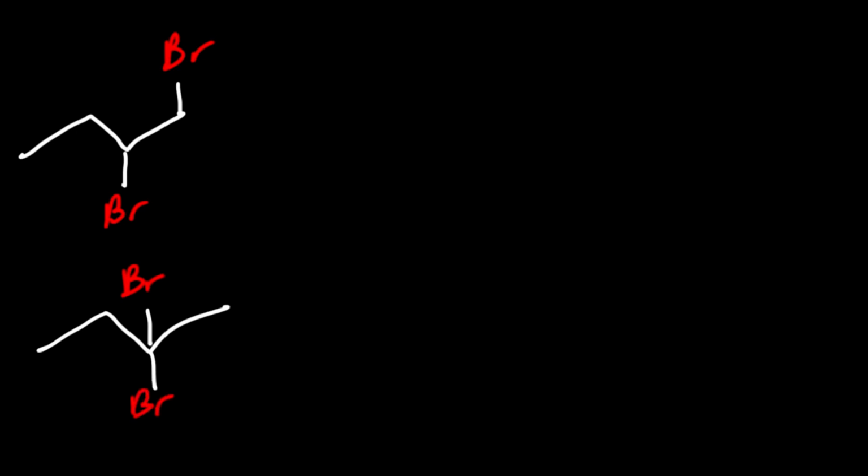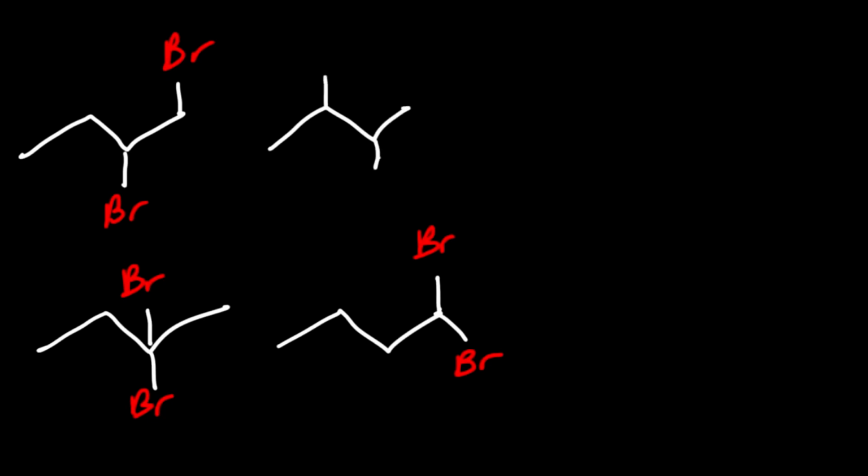So you can have any one of these 4 dihalides. So we can have a vicinal dihalide, we can have a geminal dihalide at carbon 2, or we can have a geminal dihalide at carbon 1, or we can have a vicinal dihalide at carbons 2 and 3 instead of 1 and 2.